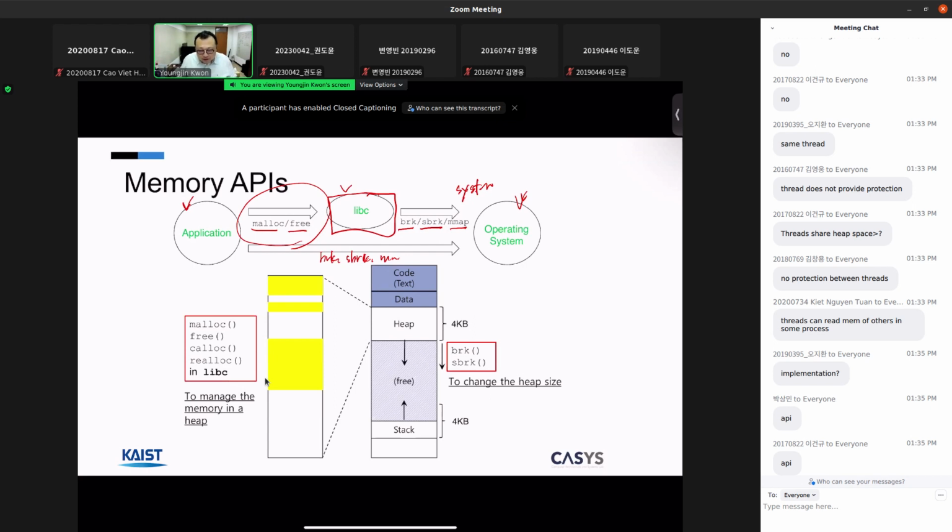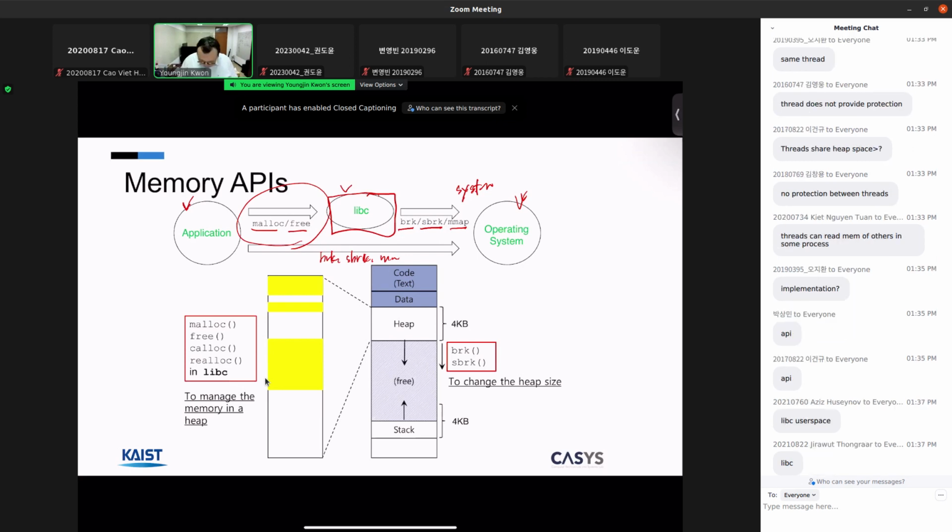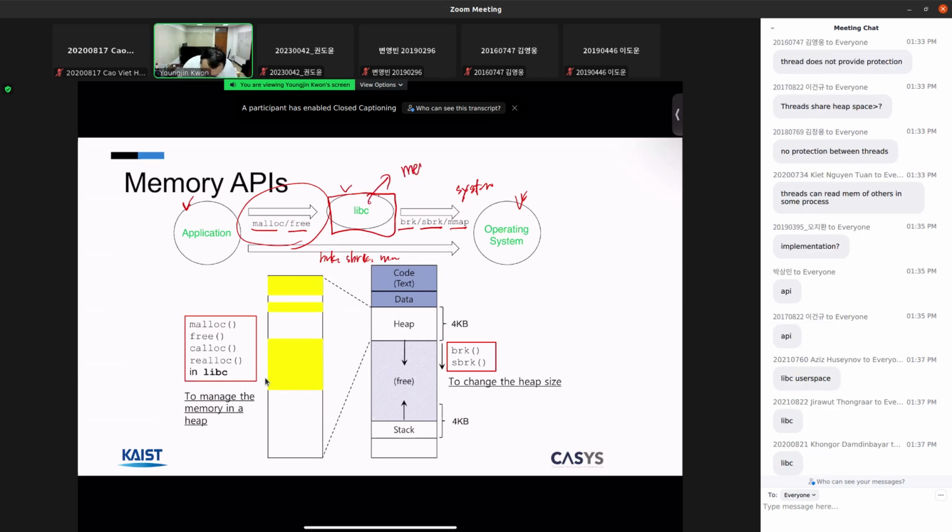Where is it? It's in libc. The memory allocator is here, which actually turns the malloc application API into brk.